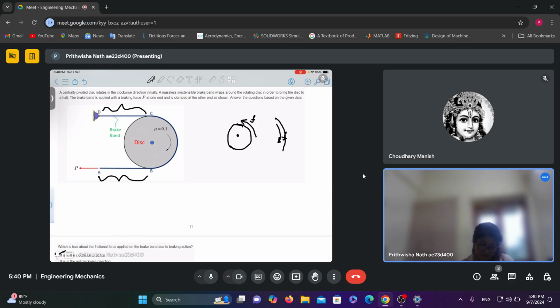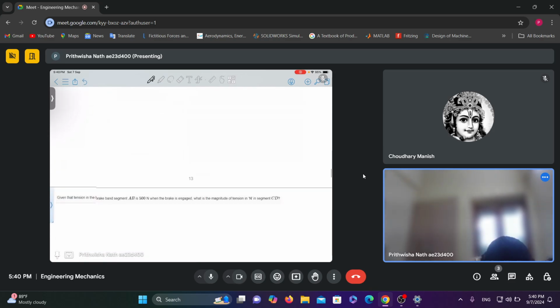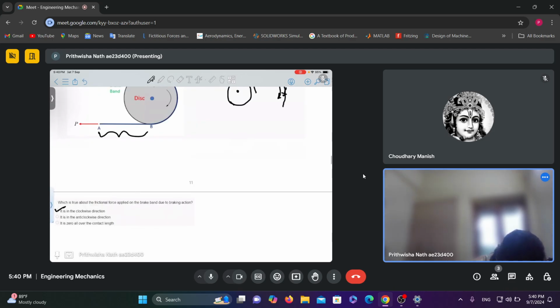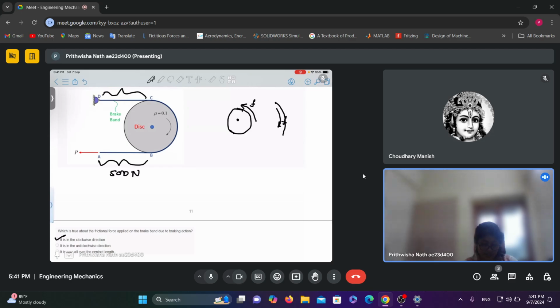We are given tension in the AB segment, which is 500. We are asked to find out the tension in this CD segment. So can you tell me which one is T1 and which one is T2? So this is T2 and this is T1.